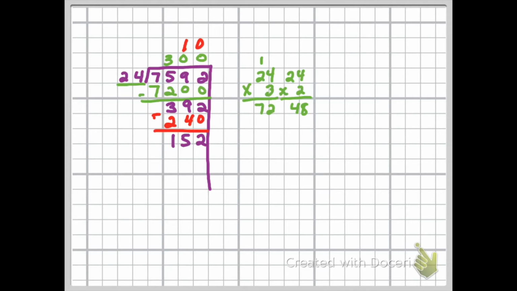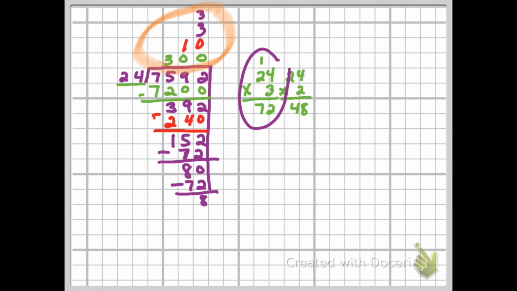So I can continue doing this subtraction any way that I feel is best for me. Until I get a remainder. So as you can tell, all these partial quotients above the quotient line are what I need to add together to find my answer.